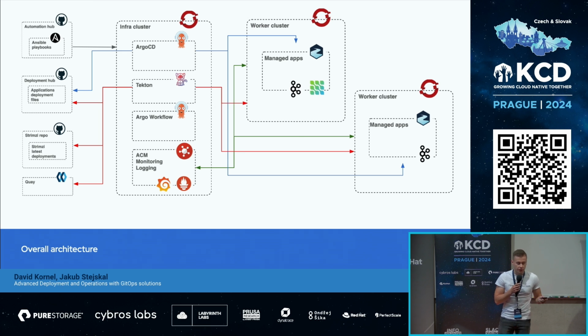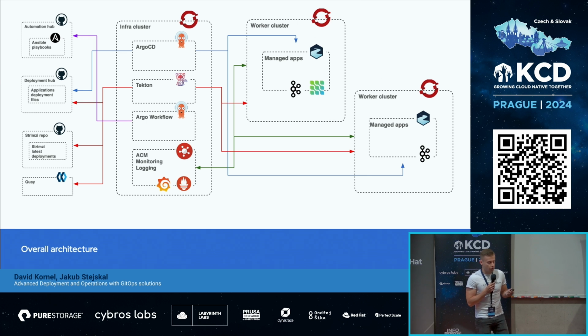Tekton also contains other pipelines for running some automation on worker cluster 1 and worker cluster 2. Let's say in our case right now it's an upgrade. And now you see Argo Workflows has the new pipeline, the workflow, which gets the data from the Automation Hub and runs the installation process every time new changes are pushed into the Automation Hub repository.